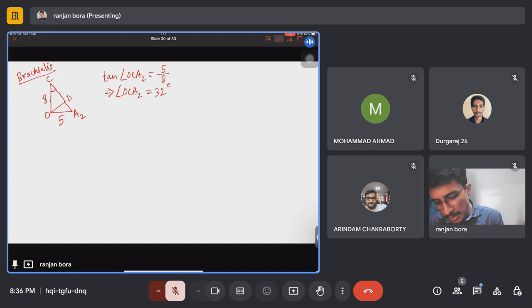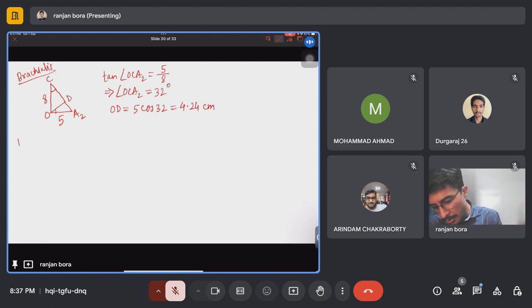So if it is 32, this angle will be the same, 32. So OD is 5 cos 32, which will be 4.24 centimeters.